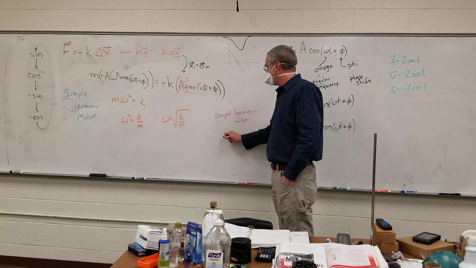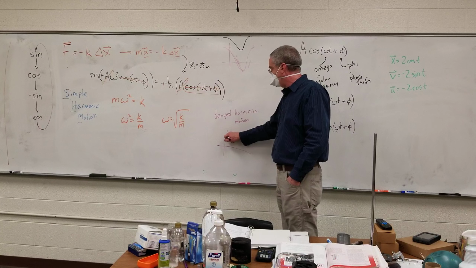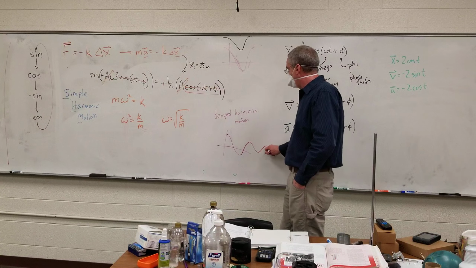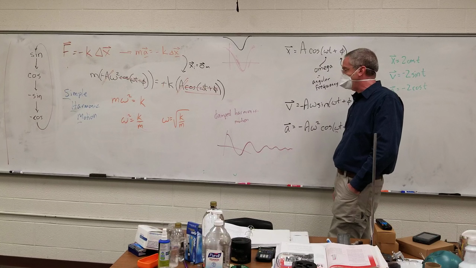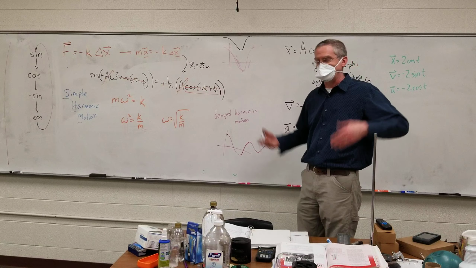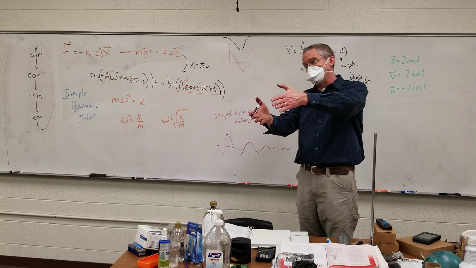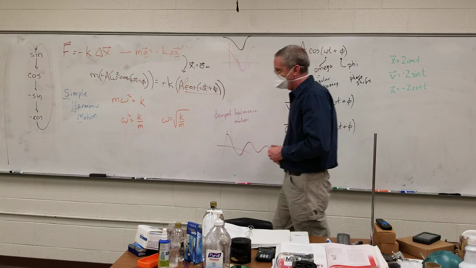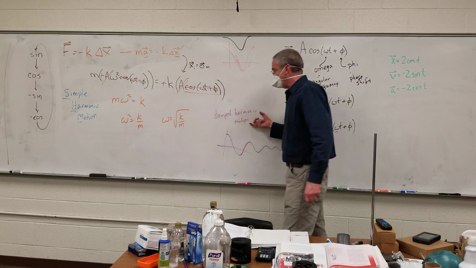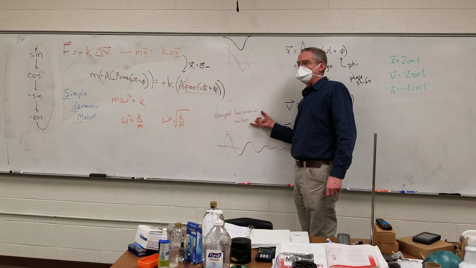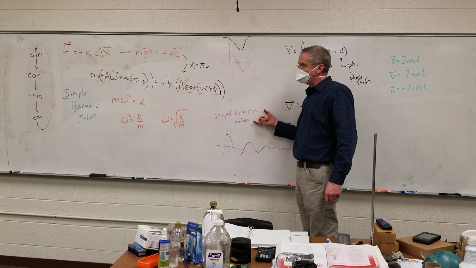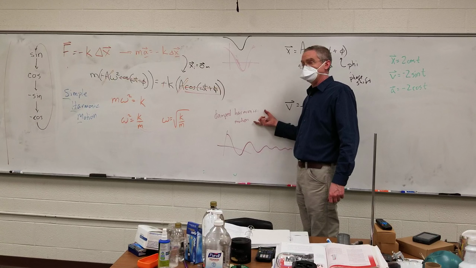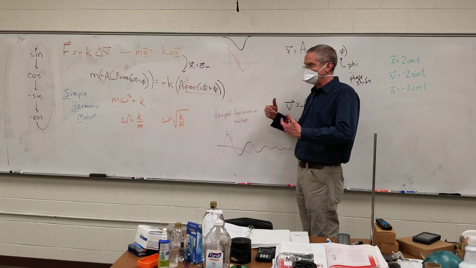But damped harmonic motion, if we plotted it, is basically the same cosine curve, except the amplitude is changing as we go. You know, as with anything in physics, you start out with a simple case and then you start adding reality as you go.